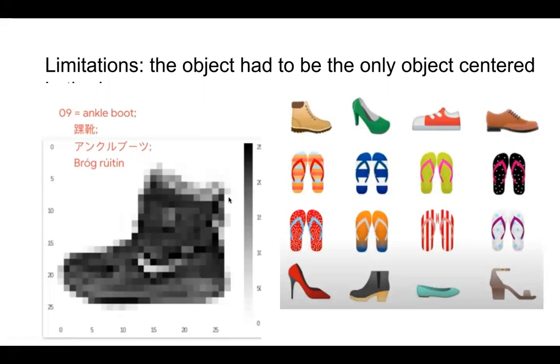So this was the labeled dataset. Then we trained the model to guess the integer value or the output. For example, these shoes belong to the 9th type of the fashion item.